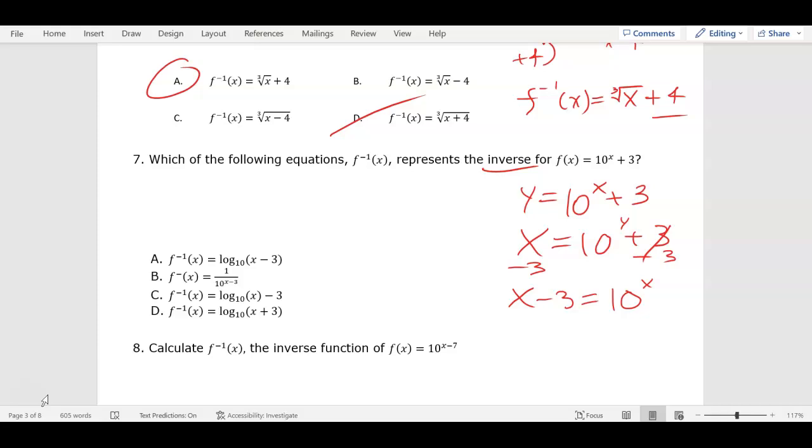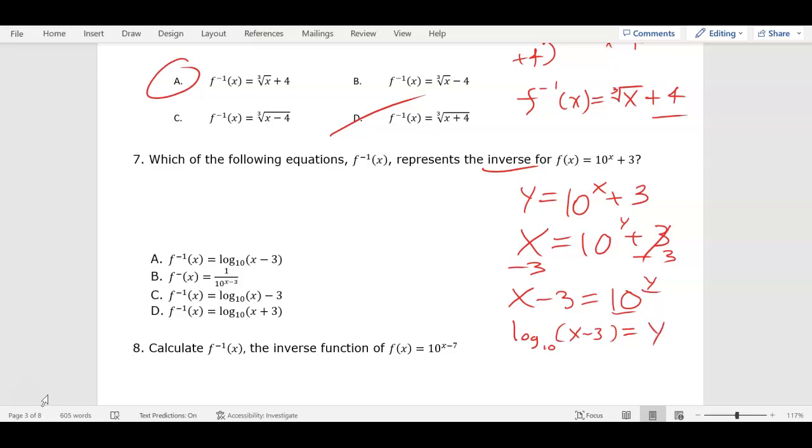All right. Now, the rule is, when I do a log, I'm going to write log, and then I have the base. Oh, sorry, this is a y up here. Log, and then the base of the exponent. Here's the exponent, so the base is this. So log base 10 of the other side of the equation, x minus 3, equals the exponent, y.